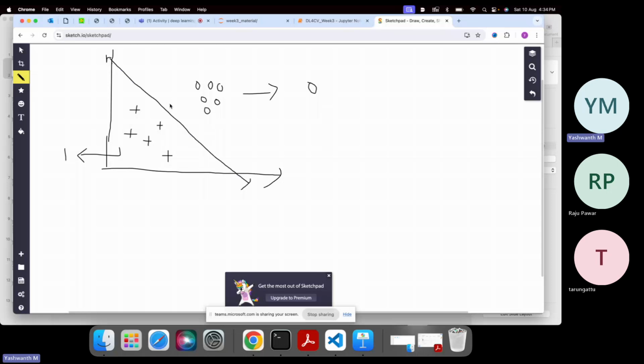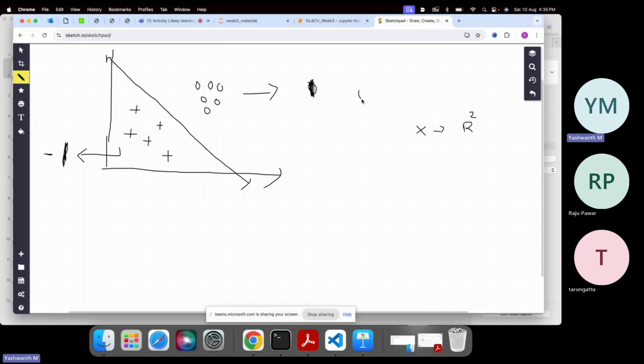This is something called the perceptron learning algorithm. For convenience, let's call this class one and this class minus one. You have a data point X lying in 2D, which we usually denote as R power 2.